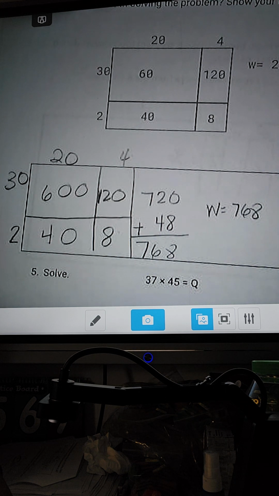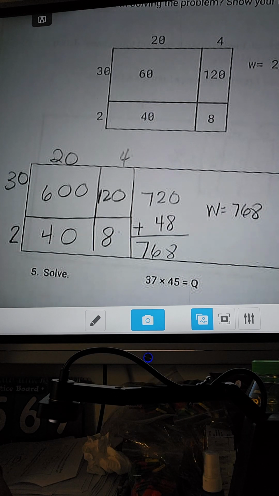Sophia. Okay, so when they were trying to do the 30 times 2 or 20, they didn't put the 2 zeros, they put the 1. Which one? 30 times 2 or 30 times 20? Because it's not the same. 30 times 20.